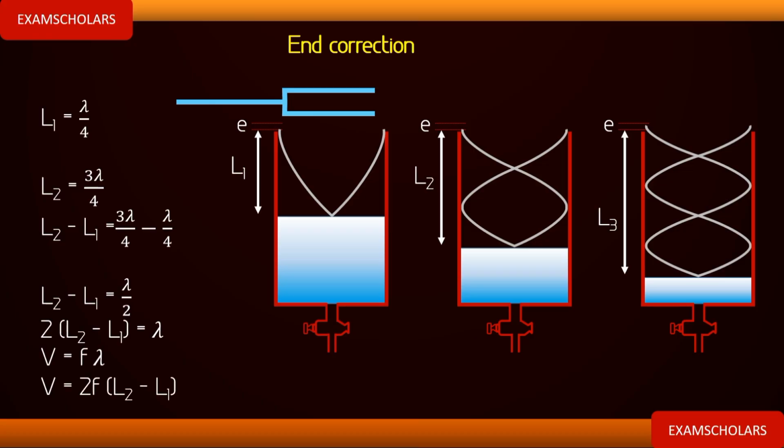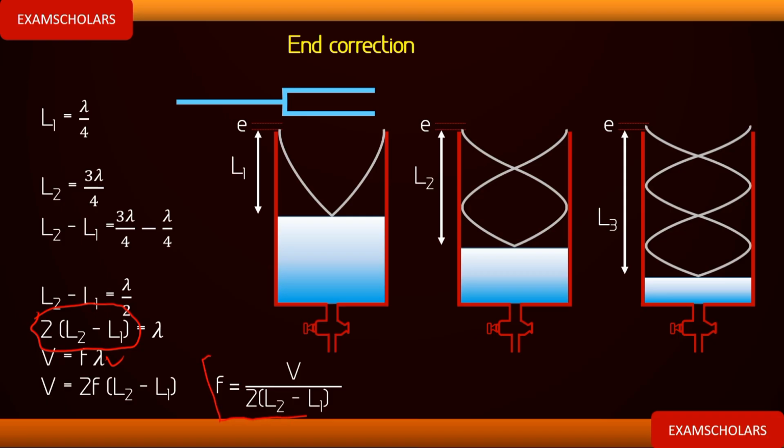When you substitute the value of lambda inside this formula, you get 2F(L2 minus L1). So you can even play with this formula, make F the subject of the formula. When you make F the subject, you have V over 2(L2 minus L1).